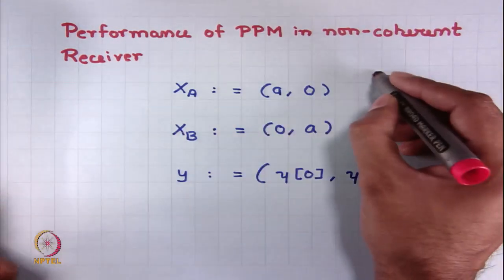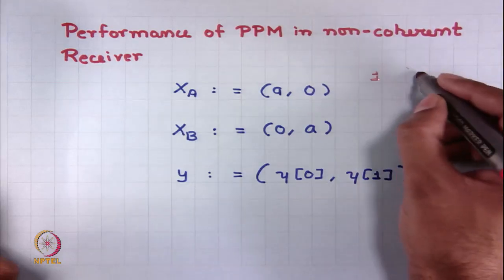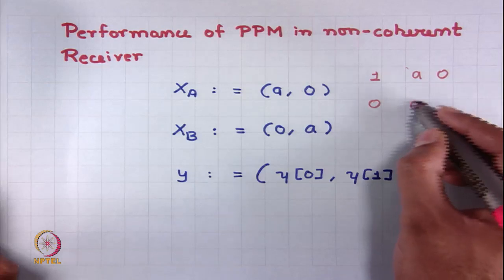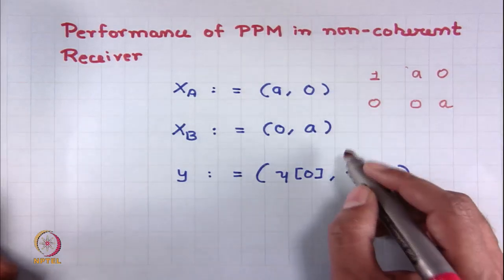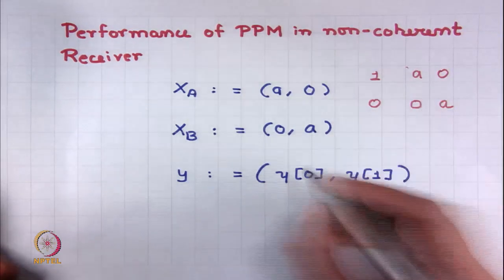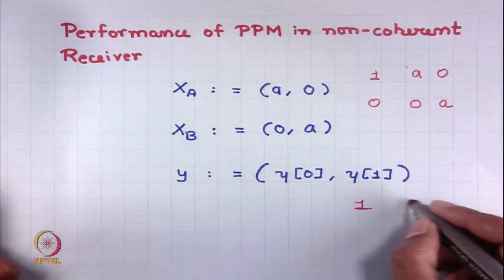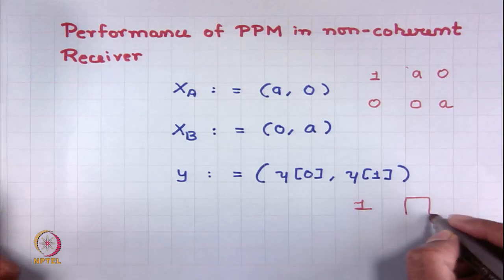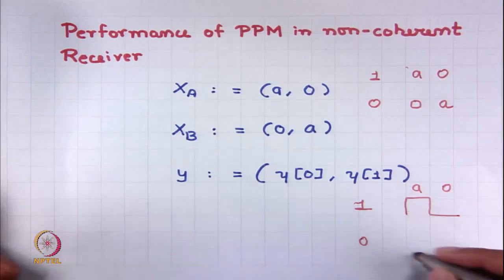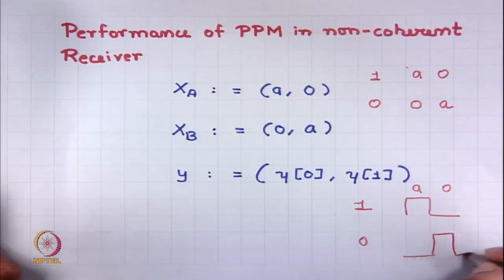If we want to transmit 1, we transmit A and 0, and when we want to send 0, we will send 0 and A. This is in terms of numbers. In terms of pulse position, if we want to transmit 1, we will send a pulse and nothing. So, this corresponds to A and 0, and when we want to send 0, we will send 0 and A. That is what happens in pulse position modulation.